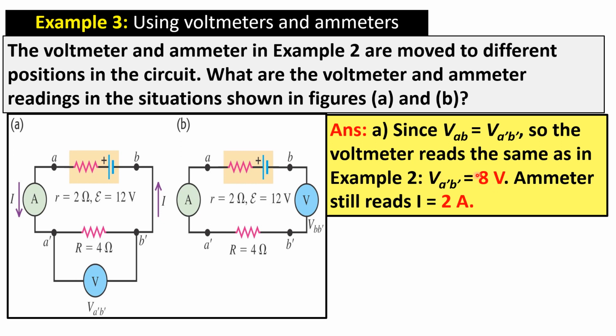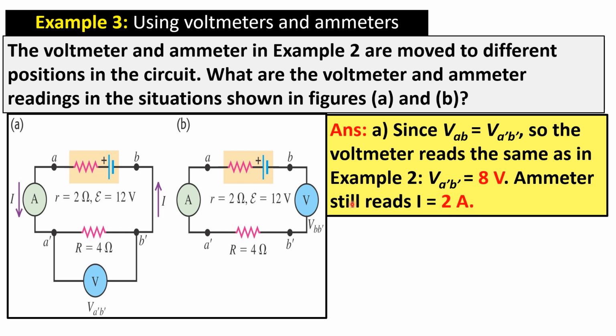Practically the same amount of voltage, because V sub AB is equal to V sub A prime B prime, and that is equal to 8 volts. The ammeter also still reads the same current of 2 amperes.